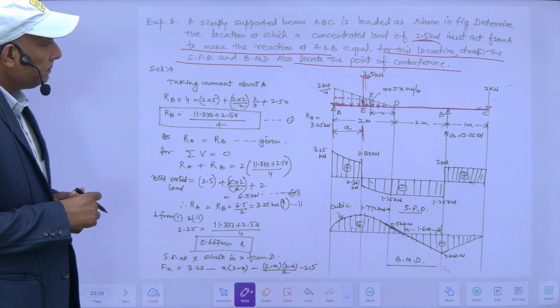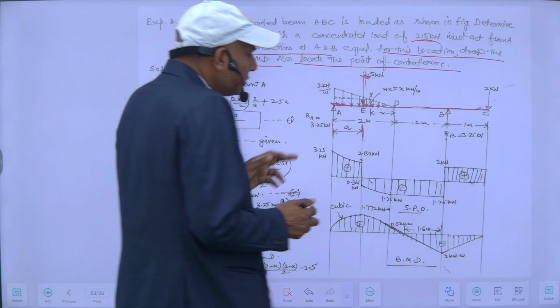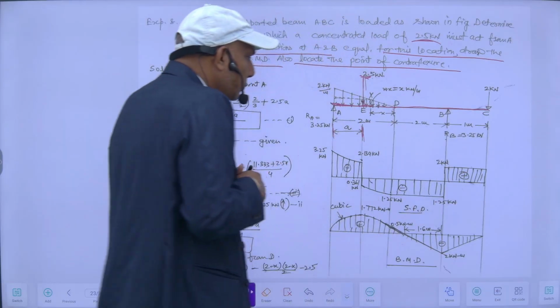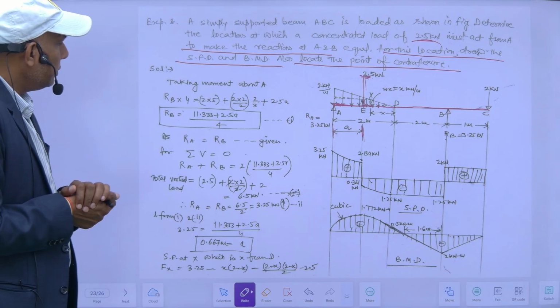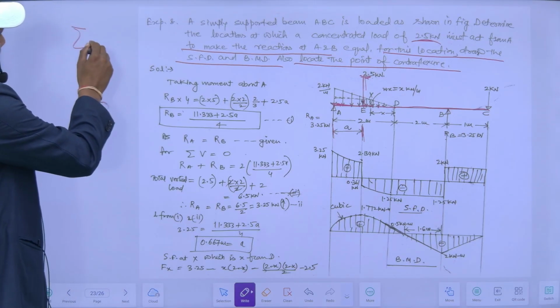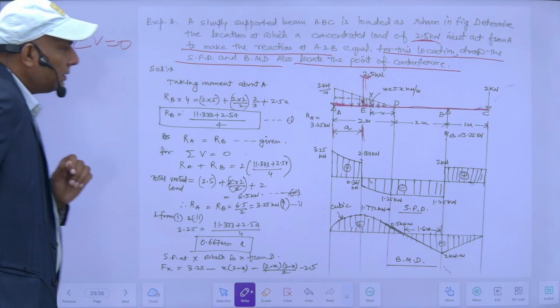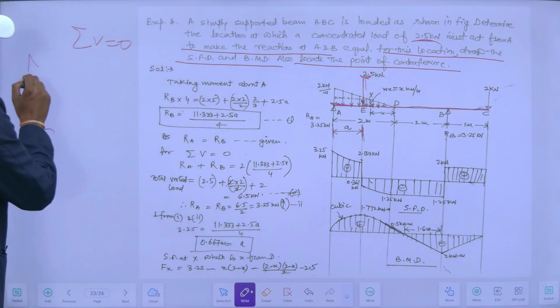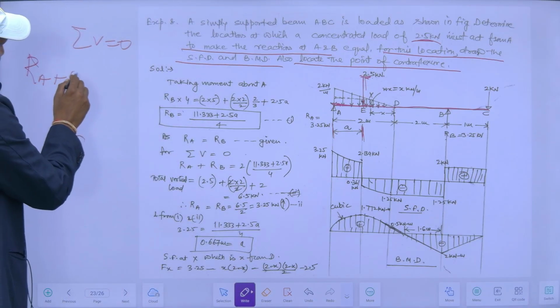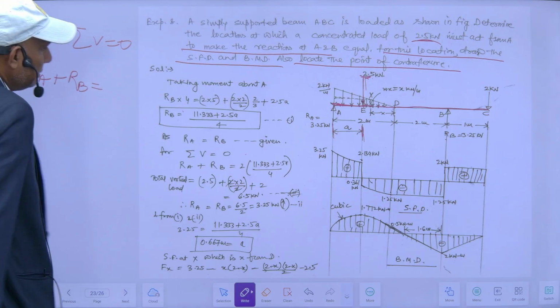Now, in this condition, my reactions RA and RB are equal to each other. For sigma V equal to 0, my total vertical load is equal to RA plus RB, and they are acting upward.